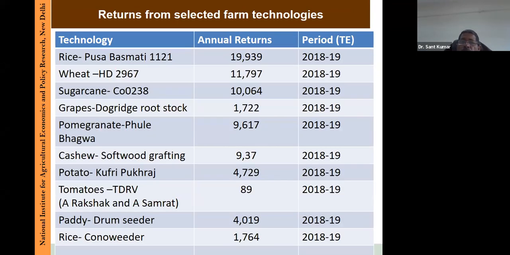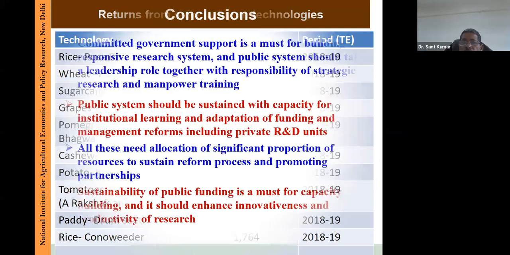And what we could find is that the rice variety Pusa Basmati is providing about 14,000 crore per annum. Then the wheat variety has provided about 12,000 crore, and then the sugarcane variety about 10,000 crore, and then the different technologies are providing different levels of returns.